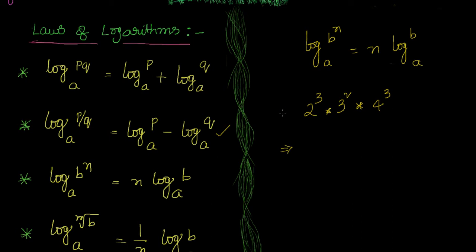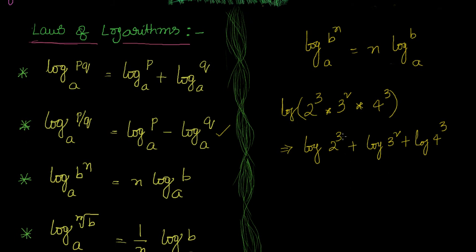I have applied log on this. Go to the first rule; the base is 10, I don't need to tell that. The first rule says this is nothing but log 2 cube plus log of 3 square plus log of 4 cube. Now let's move to the third rule.